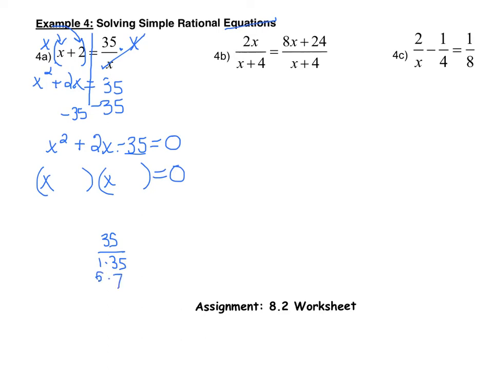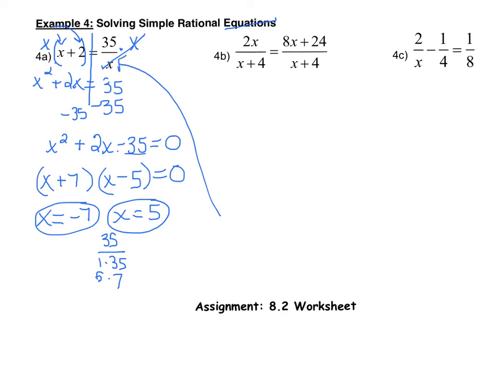It's going to be 5 and 7, but we'll have to make the 7 positive and the 5 negative so that 7 minus 5 is positive 2. So those are the two factors, and now we just need to write down what x equals. We have x equals negative 7, and we have x equals positive 5. The only number that x cannot equal, remember how x was in the denominator up there? The only number it can't equal is 0.